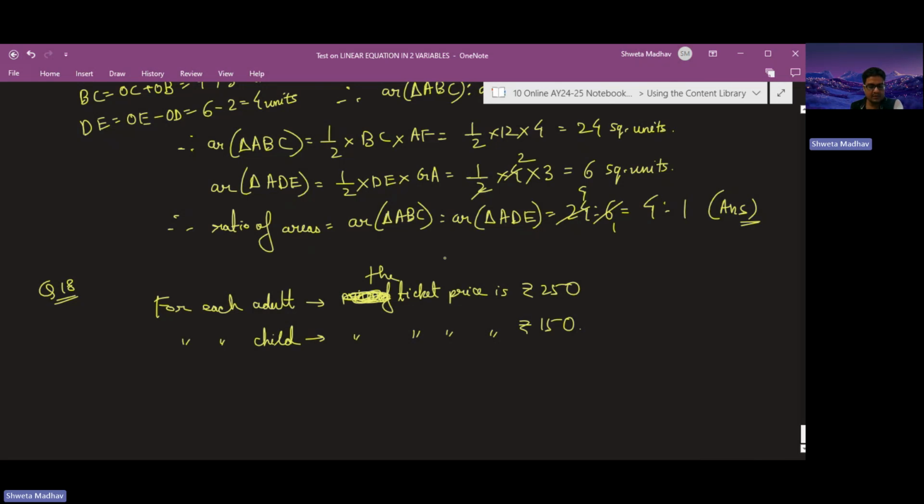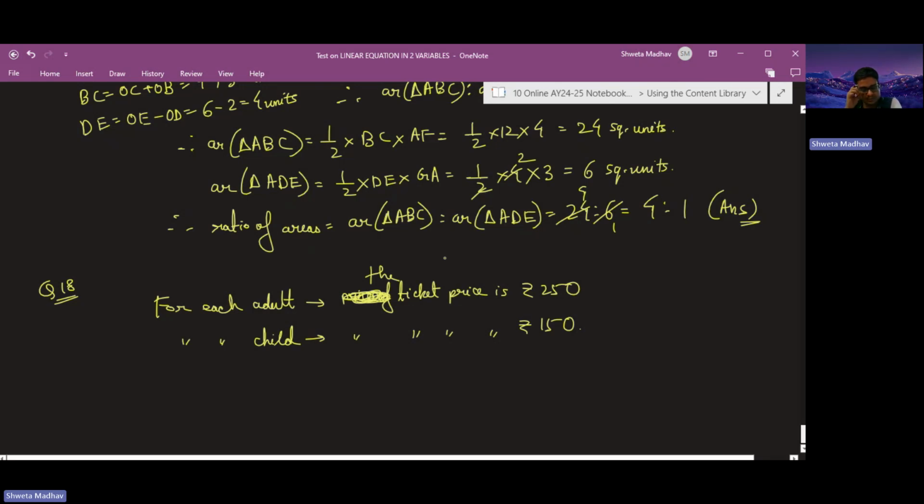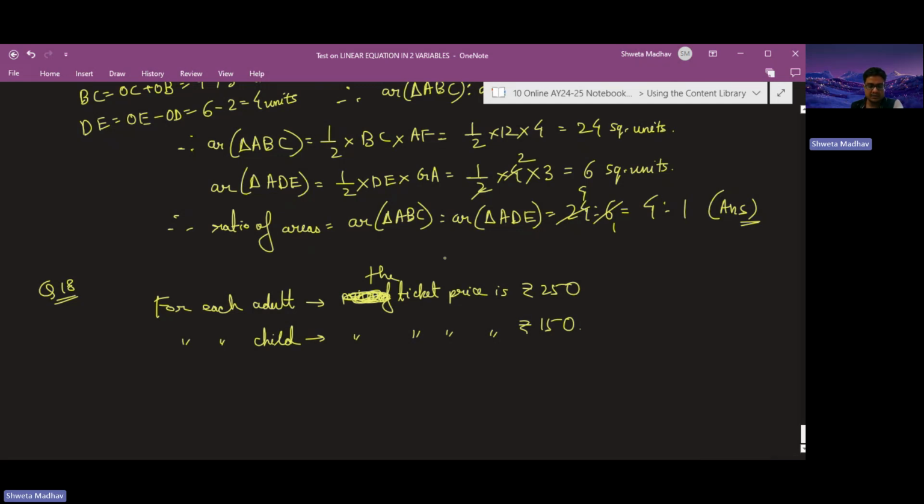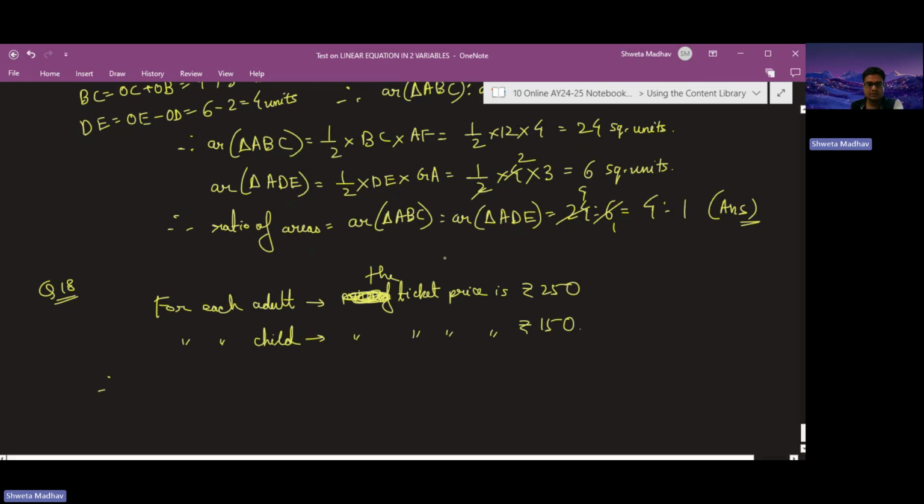On a day, the cashier of the park found that 300 tickets were sold and an amount of 55,000 was collected. Based on the above, answer the following questions.